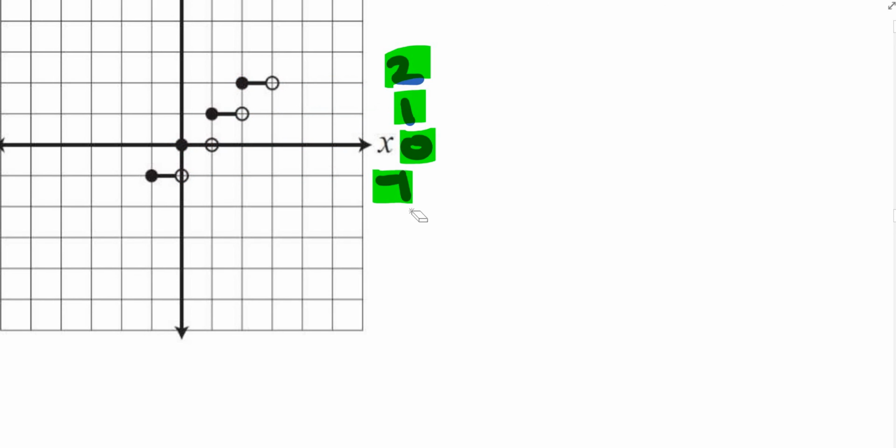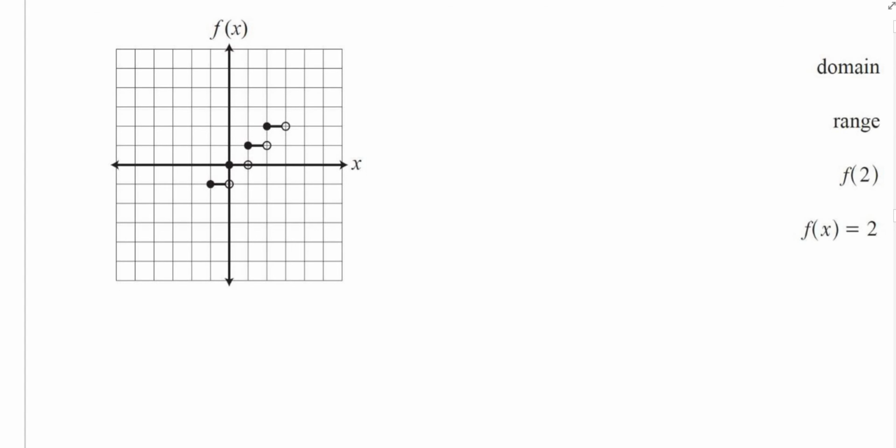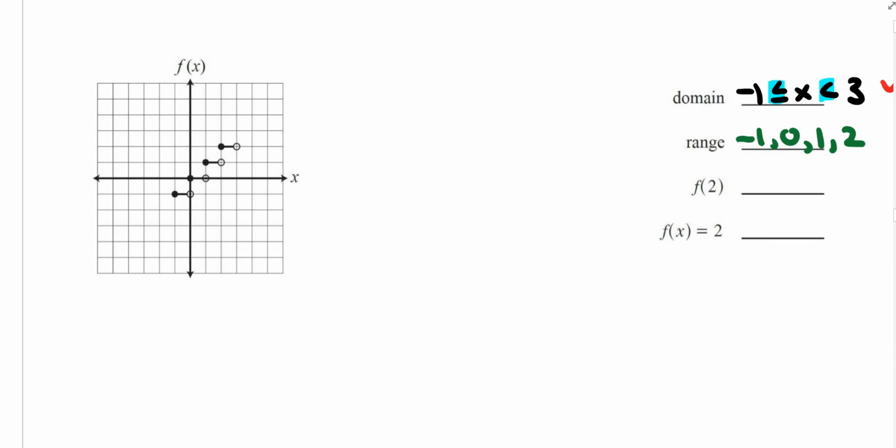For example, right here, this height could be like a half, but the graph doesn't cover a height of a half. It just covers a height of 0 and +1, not anything between 0 and 1. So therefore the range will not have those inequality signs. Hopefully that made a little bit of sense. If you're not sure, please ask me in class.